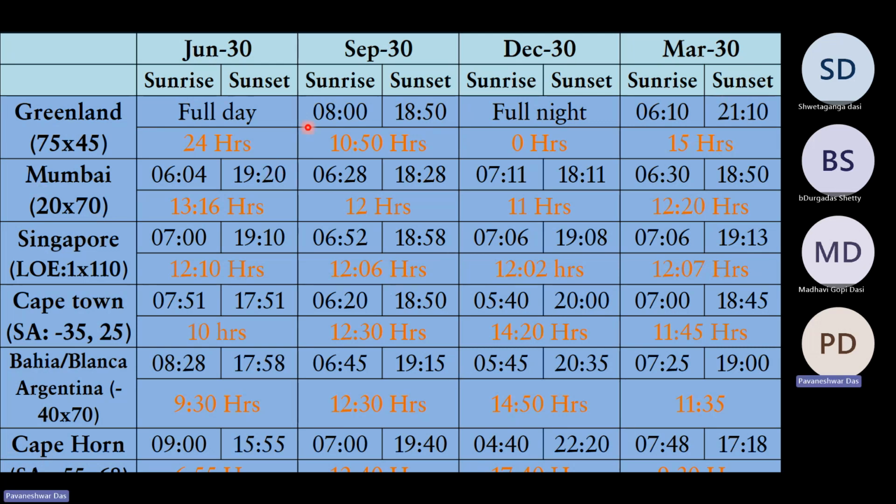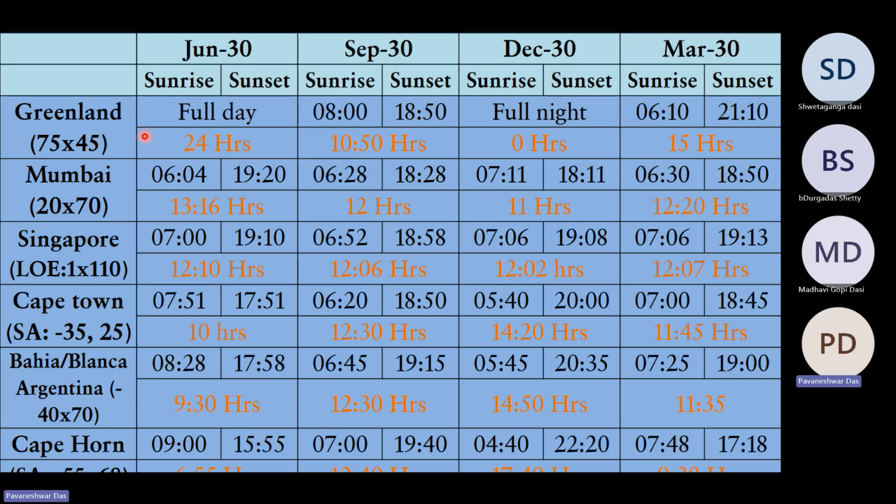Here 4 months are considered in a year. This is March, this is December, this is October, and this is June, July.